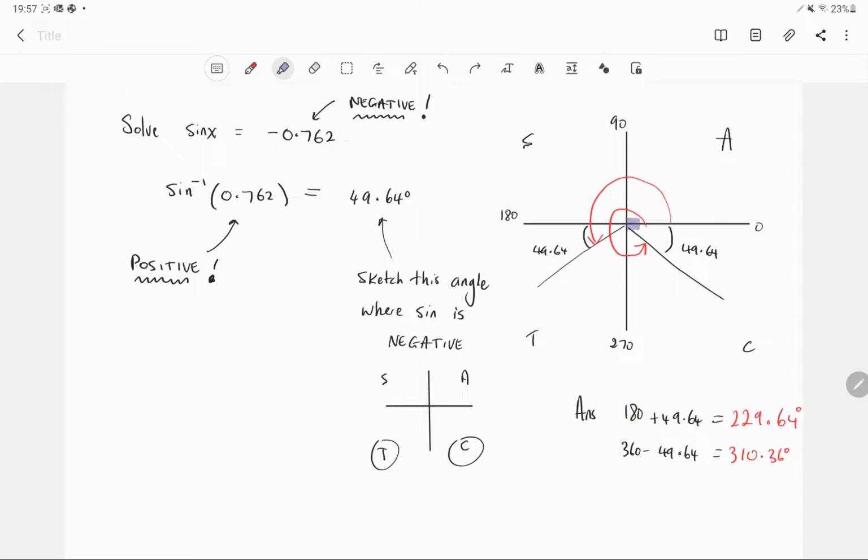Then for the second angle, go back to 0, and we go anti-clockwise again until we get to the second angle. It goes past 90, past 180, past 270, all the way into the fourth quadrant. To work out that final angle, we subtract 49.64 from 360. So our second angle is 310.36 degrees.